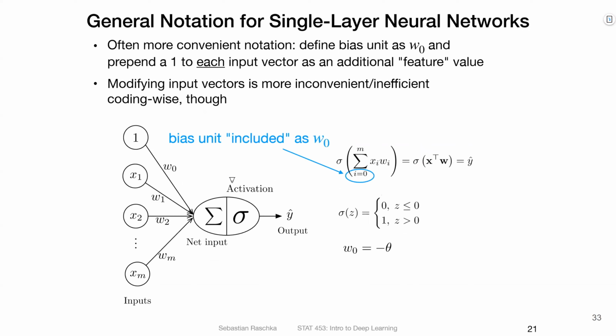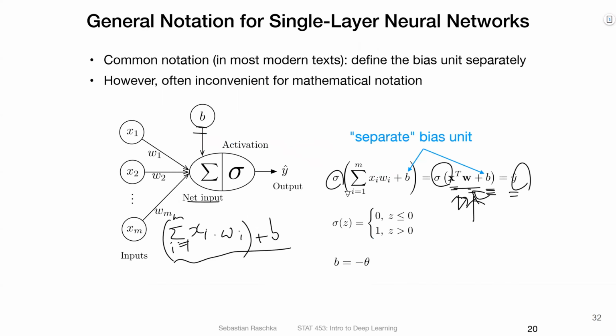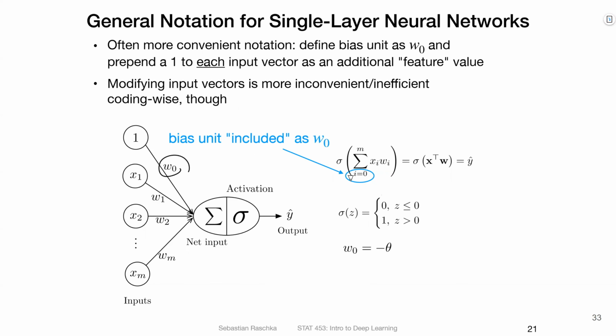And we can further simplify the notation by adding w0. In the previous slide, i goes from 1 to m, but with this more simplified version, i goes from 0 to m.